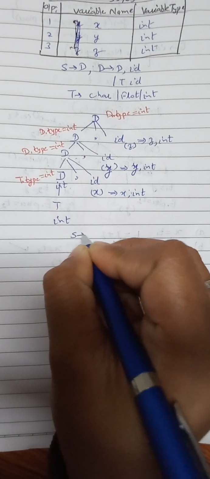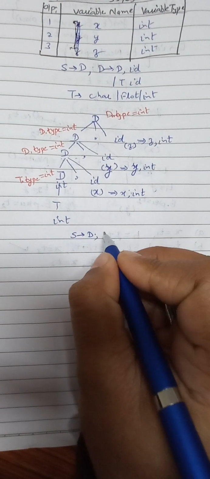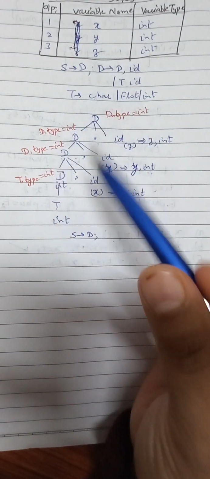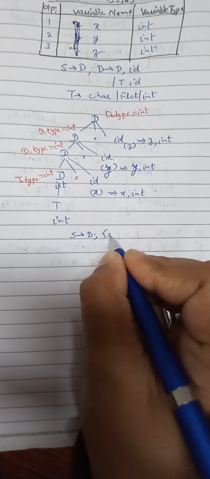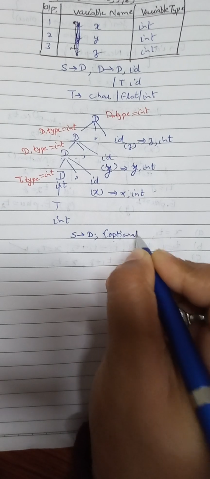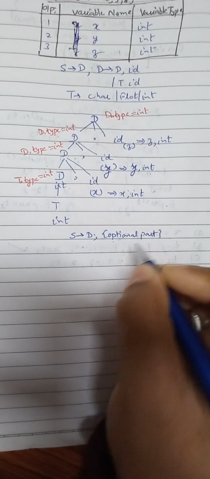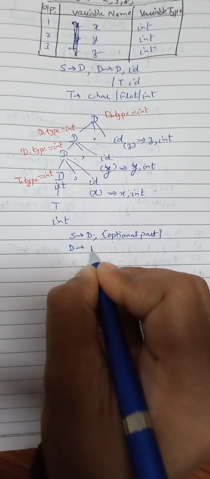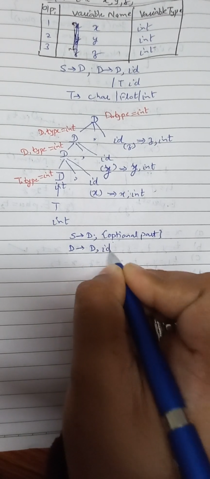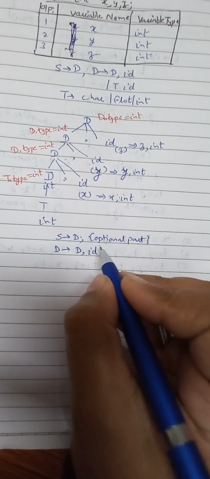S tends to D, that is the optional part. And D tends to D, ID. So how can we write it?